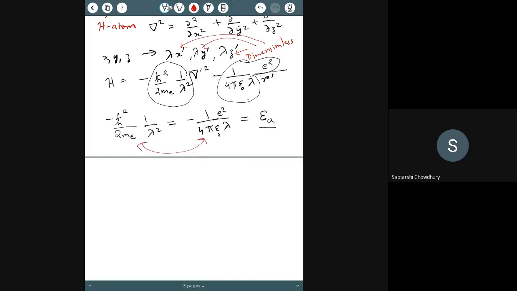Then I compare these two, and I can find out lambda. Lambda turns out to be 4 pi epsilon 0 h cross squared by e squared me. Now, why have I not included the 2? We have not included the 2 because we want to keep the 2 in our dimensionless Hamiltonian.